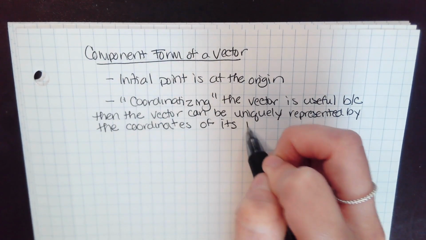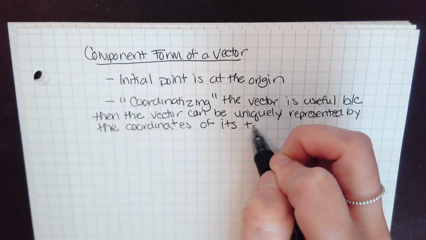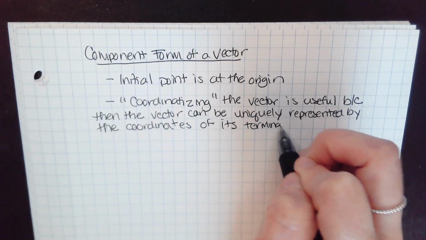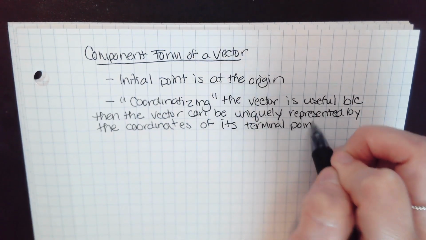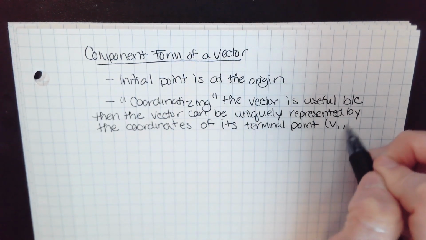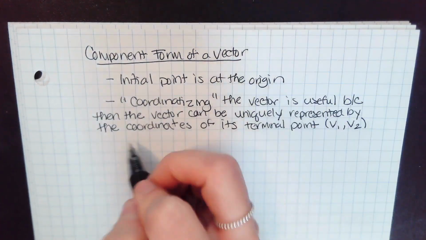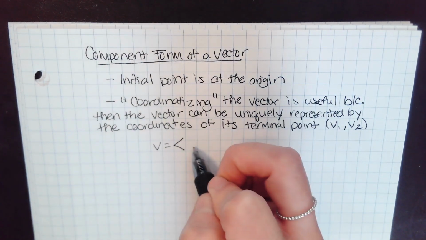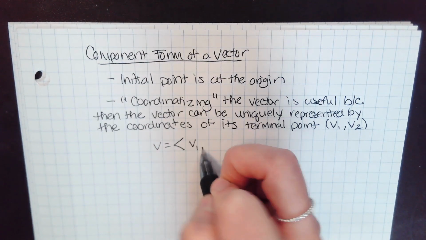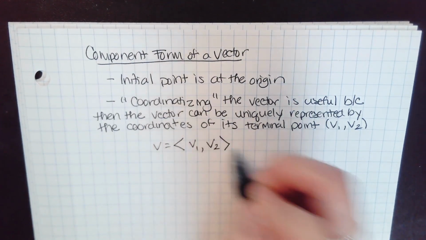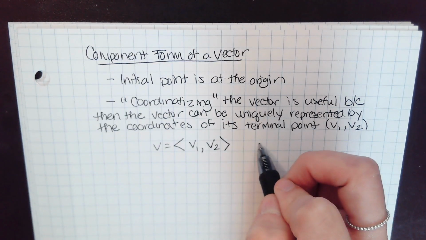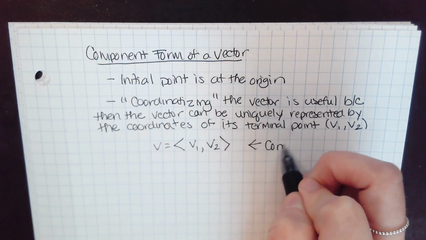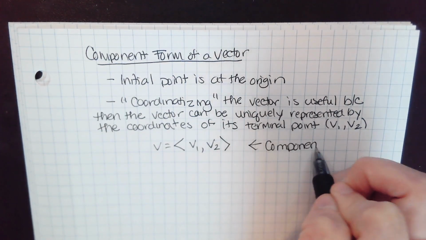So you name them by their terminal point, whatever point they end at. If it ends at v1, v2, let's say, then vector v, we use angled brackets, we'd call it <v1, v2>. That is called component form.